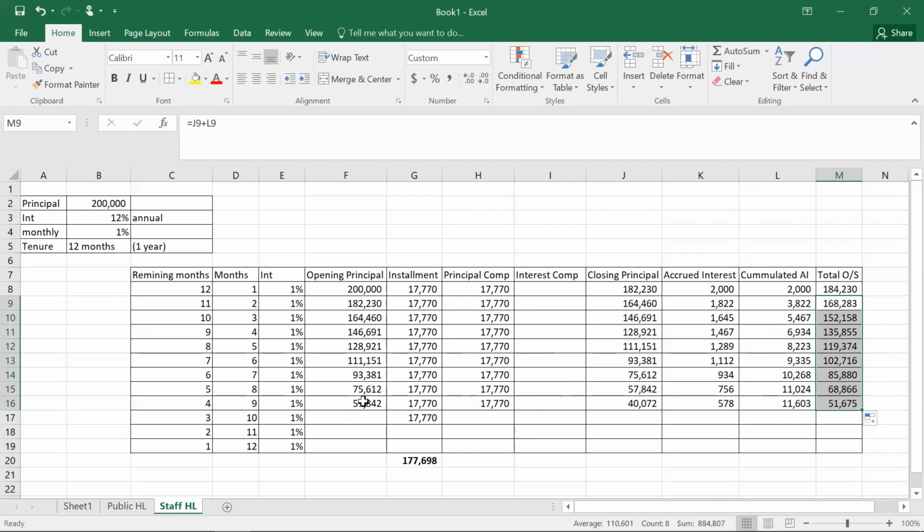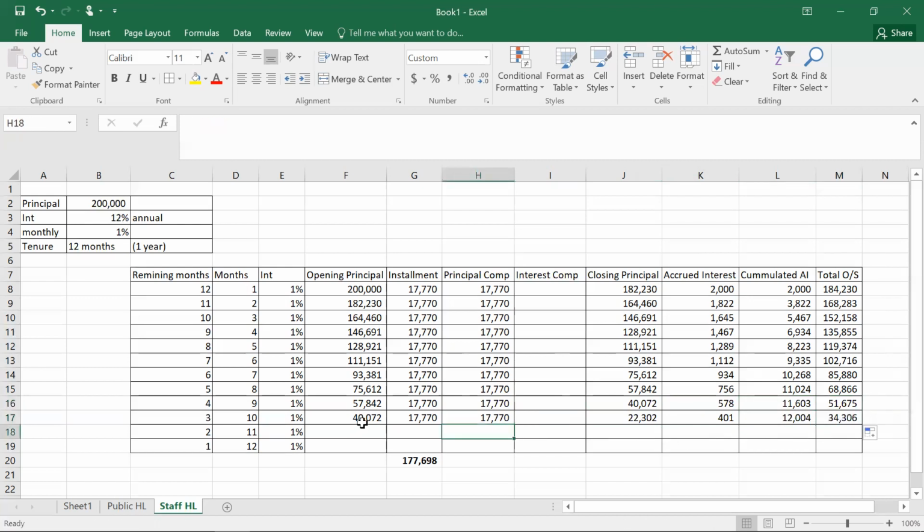Now we will drag it down one month by one month, to see how it is happening. You can see how the closing principal is reducing, how the cumulative accrued interest is increasing.